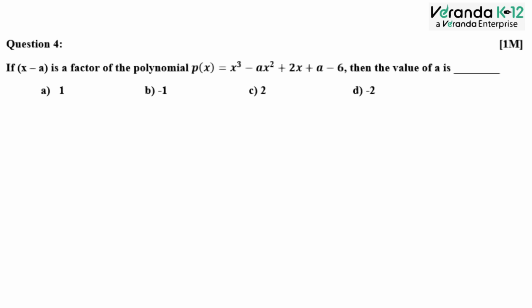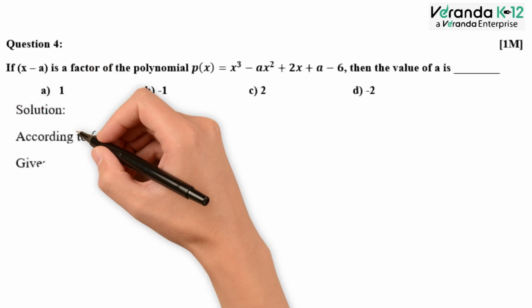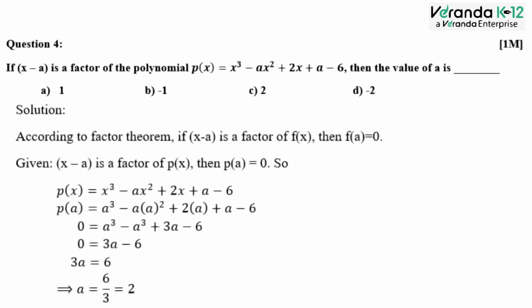Option A 1, option B minus 1, option C 2, option D minus 2. According to factor theorem, if x minus a is a factor of f of x, then f of a is equal to 0. So here it is given that x minus a is a factor of p of x. Then p of a must be equal to 0.